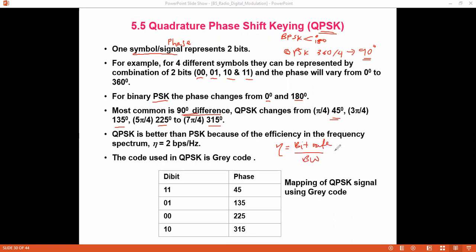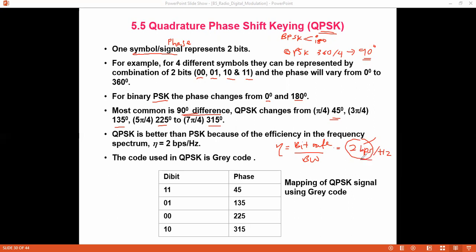For QPSK, which uses 2 bits per symbol, this part represents the number of bits used per symbol.